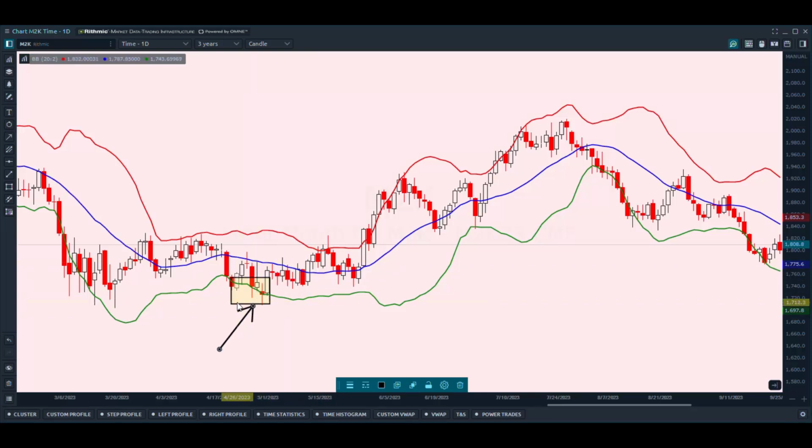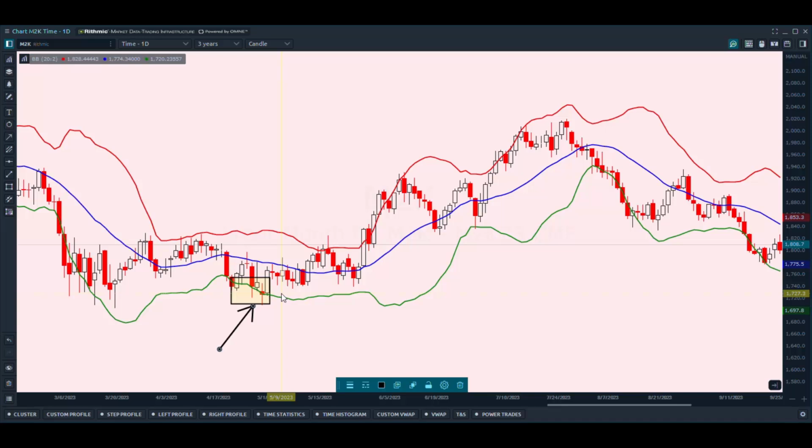Now, when you have bands that are flat, you generally are looking at price really consolidating, and you can see that these bands are getting tighter and tighter. Generally, when the bands are getting very tight, that means that a move is likely coming. Now, the trigger and the direction of that move is a function of which side of the bands the candle closes.